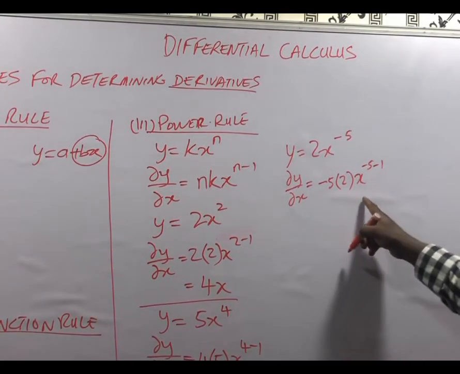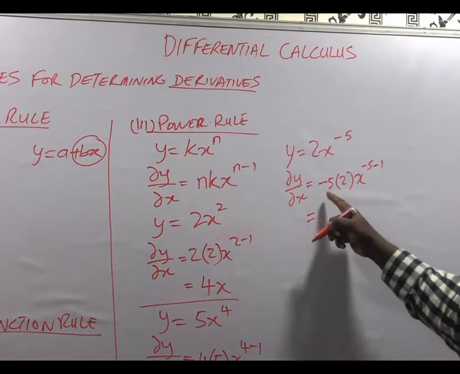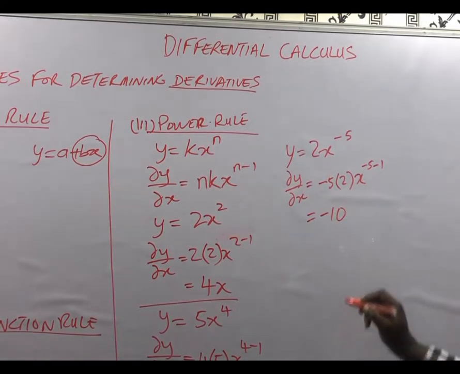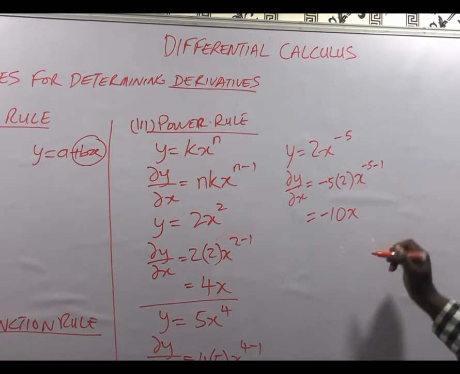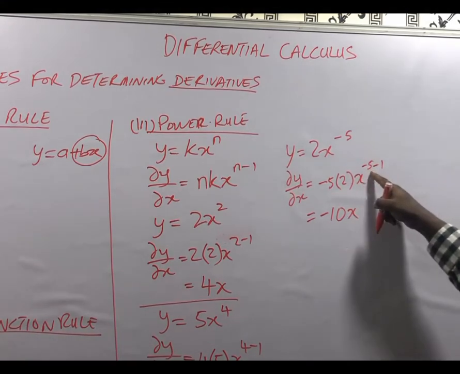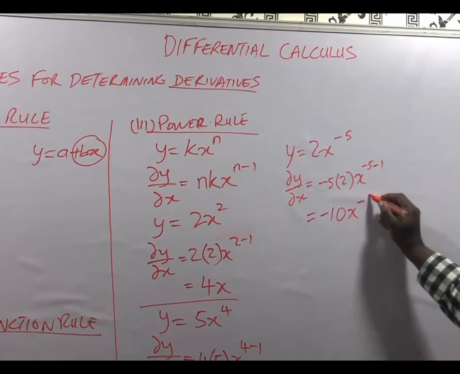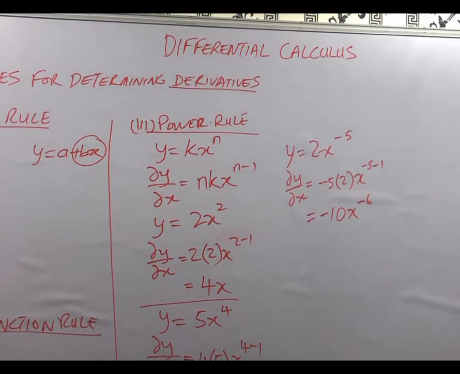So minus 5 times 2 will give us minus 10, then you bring down your x here. Now minus 5 minus 1 will give us minus 6. So this is one example again of our power rule.